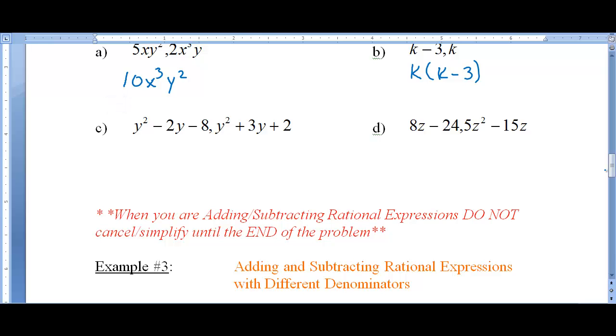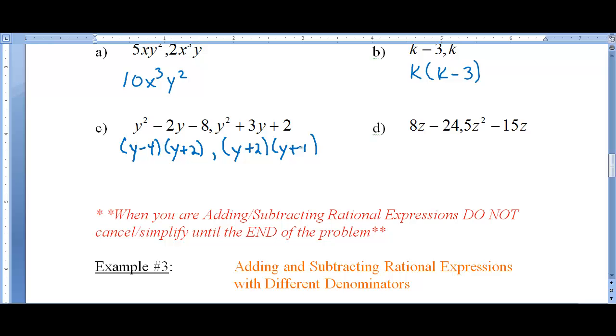In our last two examples, we'll need to factor first. So we'll factor our first factor, and we factor that to y minus 4 times y plus 2. And our second one factors to y plus 2 times y plus 1. In writing our LCD, remember, we include each factor.